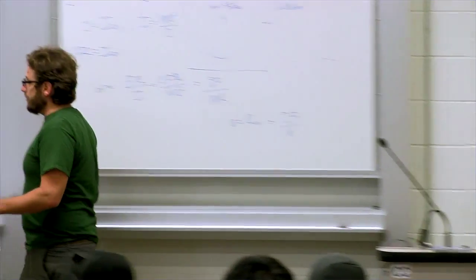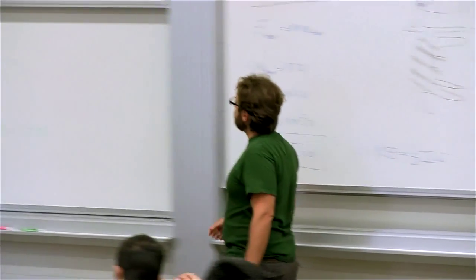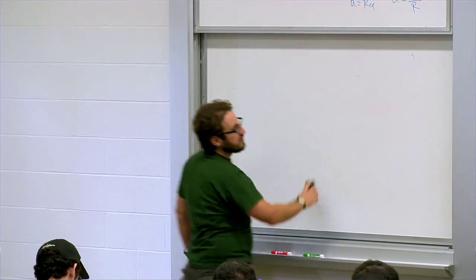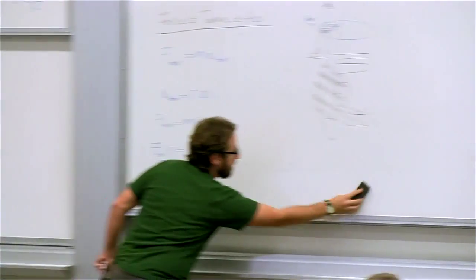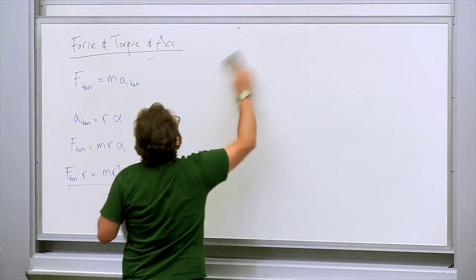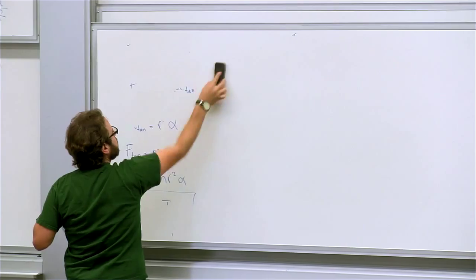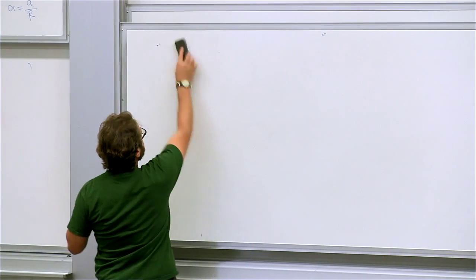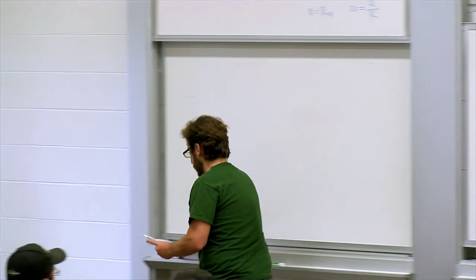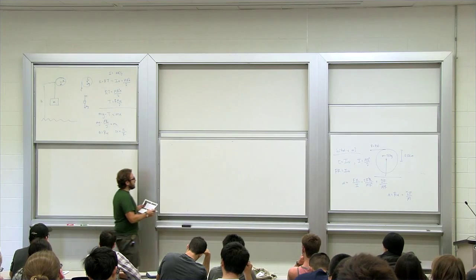Now, understanding rotation lets us solve tricky problems by separating complicated motion into two pieces, right? Remember the asteroid problem we had where we showed that the kinetic energy of the two asteroids could be written as the kinetic energy of the center of motion plus the kinetic energy relative to the center of motion. You can do the same thing here.